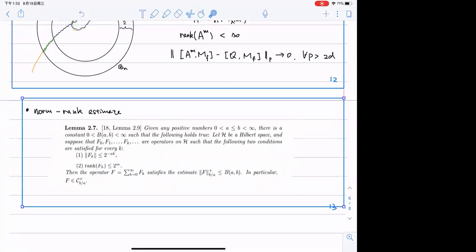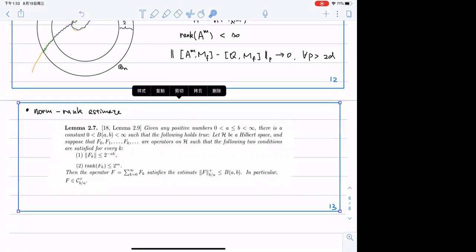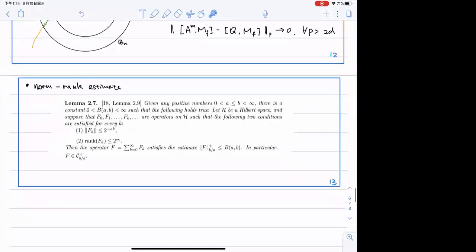If you can decompose your target operator into a series, and for each part you have a finite rank, with a rank estimate and a norm estimate, then you know that the sum has membership in C_p plus. C_p plus is another operator ideal, slightly larger than C_p.